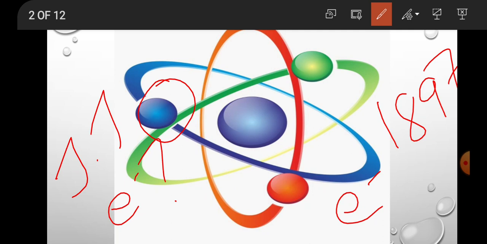So scientists wanted to put a number on it, to figure out exactly how much negative charge each electron had.